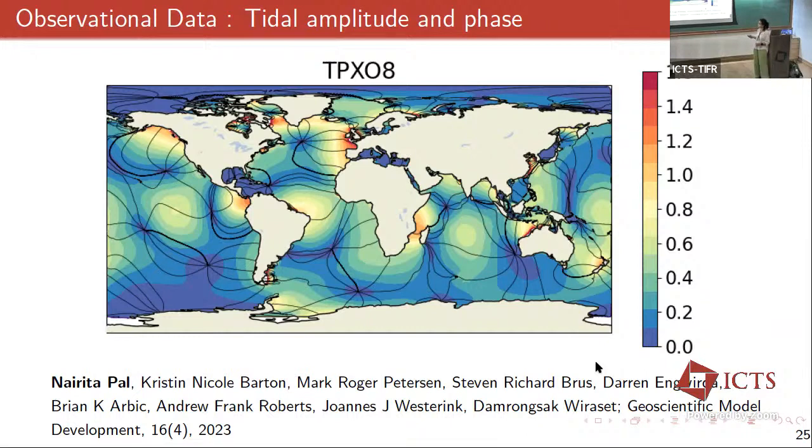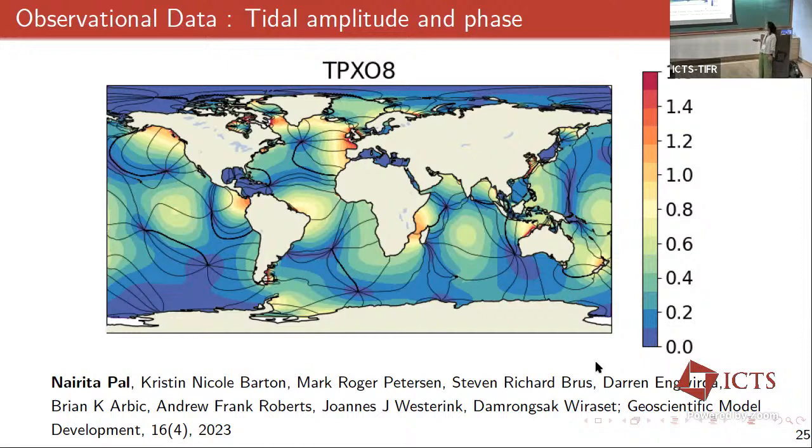These are observational data. In this plot, I am showing the tidal amplitude and tidal phase. The colors are the tidal amplitude throughout the world. I think these are averaged over 3 months. And these black lines correspond to tidal phases.